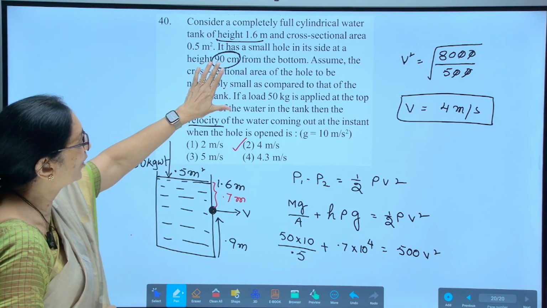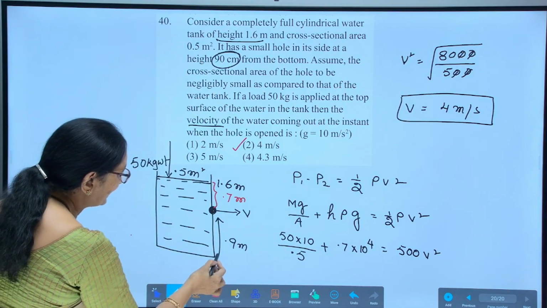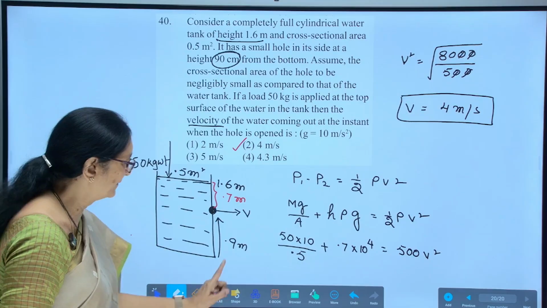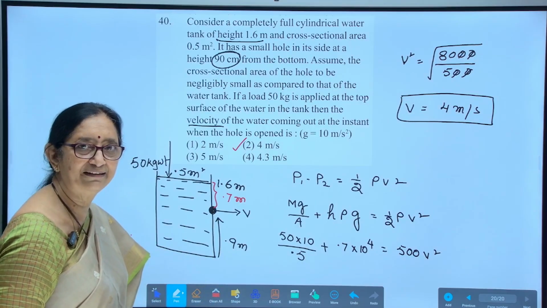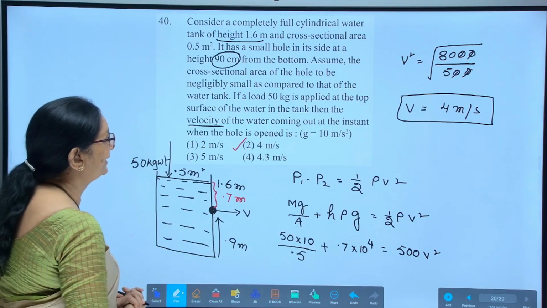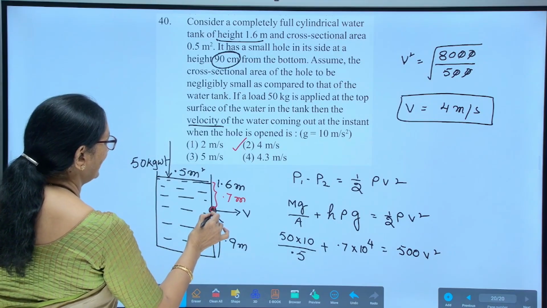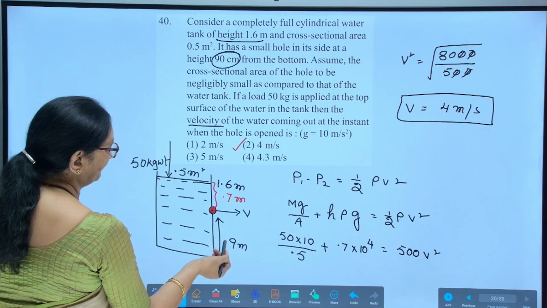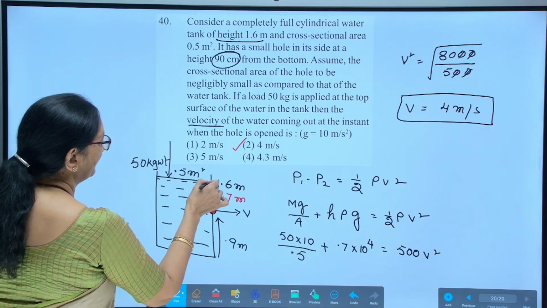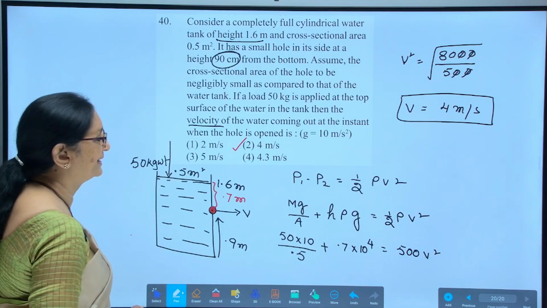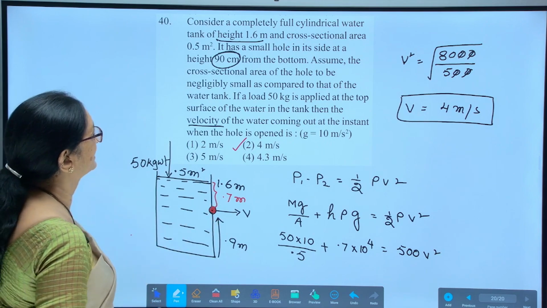It has a small hole on its side at a height of 90 centimeters. If 90 centimeters is converted into meters, it is 0.9 meters. So, it has a hole at a height of 0.9 from the bottom. So, from the top end it is at a distance 0.7 meters.